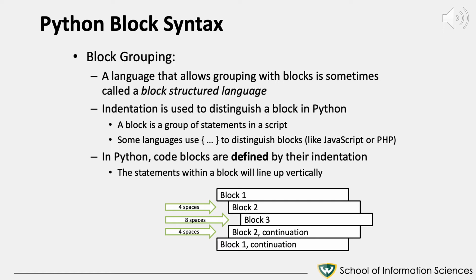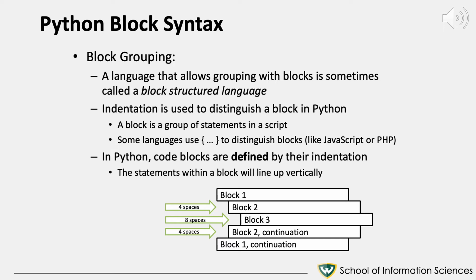A block is basically a group of statements in a script. Now, a lot of languages use curly brackets. So if you've written in JavaScript or PHP, you're very familiar with curly brackets to distinguish chunks of code. Well, Python doesn't use curly brackets. It uses blocks. So if you've never had any experience with any other programming languages, great.